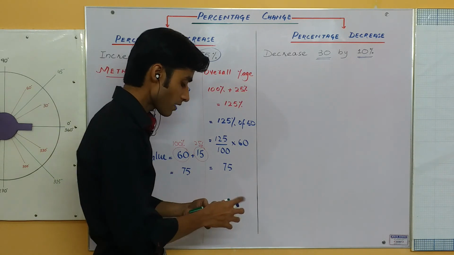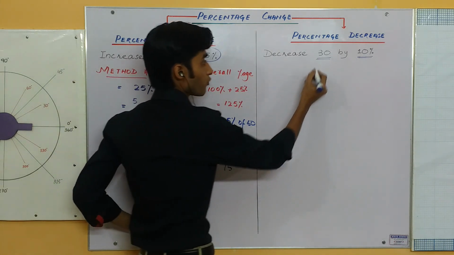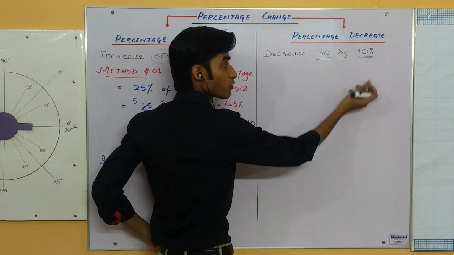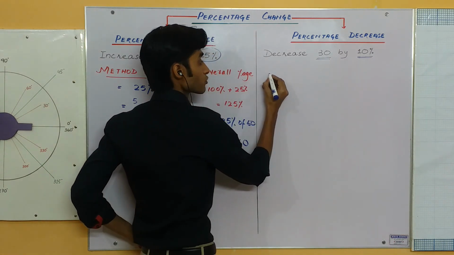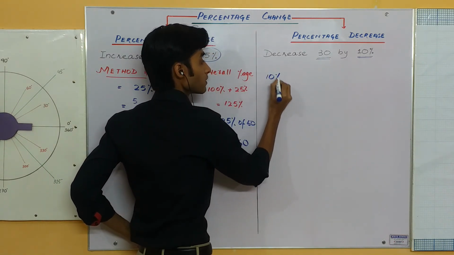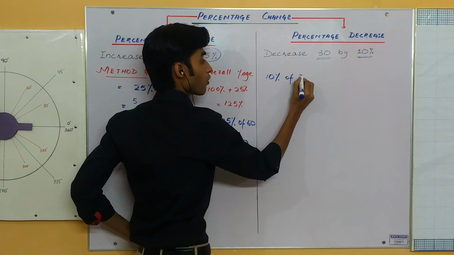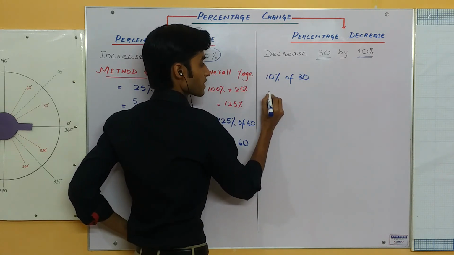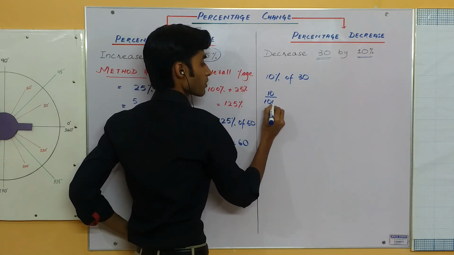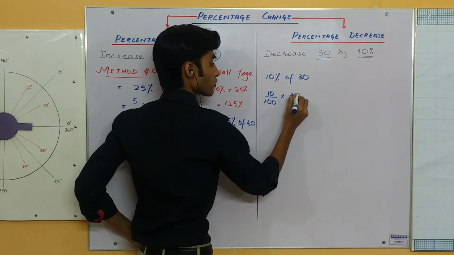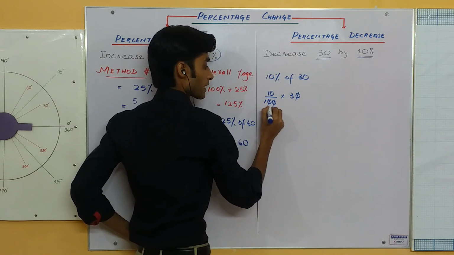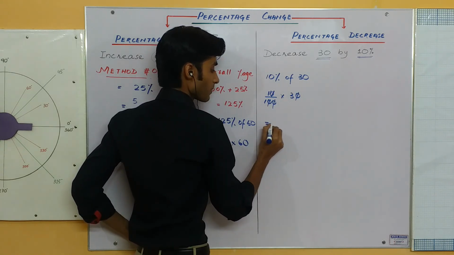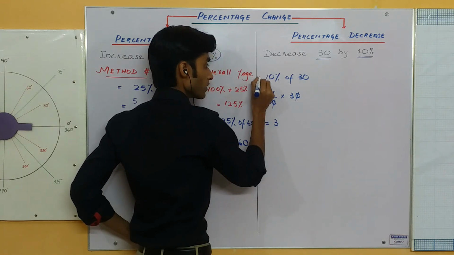So again, method 1 and method 2. First of all, 30 is the quantity. How much do I have to decrease it? 10%. So first of all, calculate 10% of 30. 10% of 30 is 10 upon 100 multiplied by 30. I can cancel these zeros. 1 multiplied by 3 becomes 3.